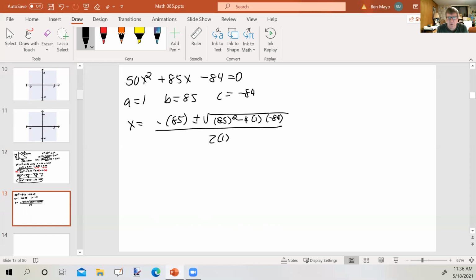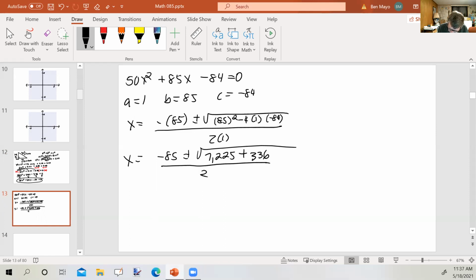all over 2a. X equals negative 85 plus or minus the square root of, let's see here, 85 squared is 7225. And then it's minus 4 times 1 times negative 84, which is going to be plus 4 times 1 times 84 is 336, all over 2.